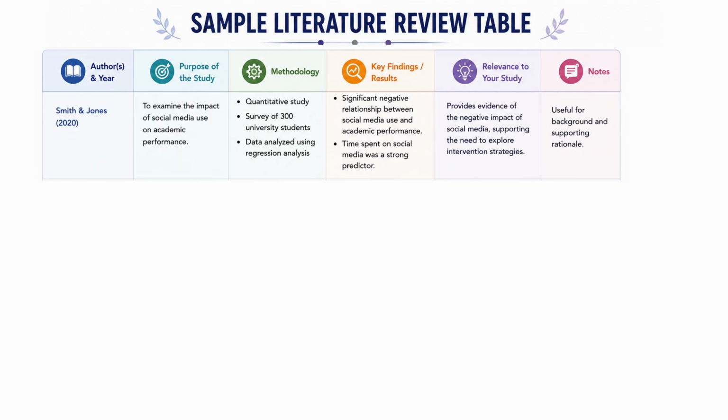Okay, Smith and Jones, that's the name of the author. 2020 is the year. Purpose of this study is to examine the impact of social media use on academic performance. Then methodology, it's a quantitative study, a survey of 300 university students and data analyzed using regression or chi-square or some other analysis, ANOVA or something.